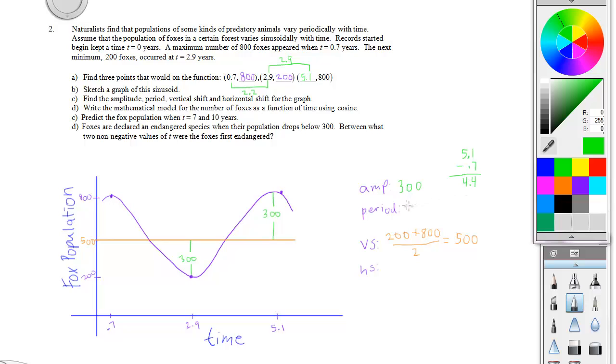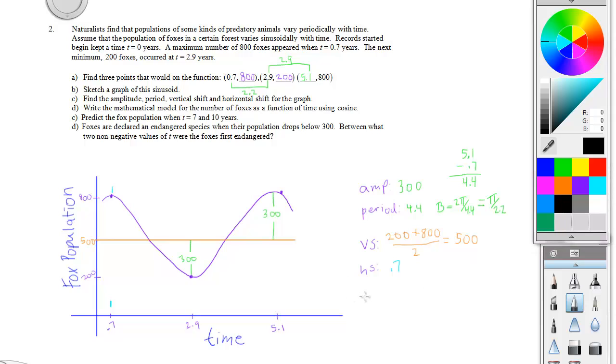So the period is 4.4 years, which means the b value is 2 pi over 4.4, which you could leave it that way, but since everything's easily divisible by 2, you could also write pi over 2.2. And then the horizontal shift is represented by this value here. We're going to use a cosine function since it starts at the top. So the horizontal shift is 0.7.